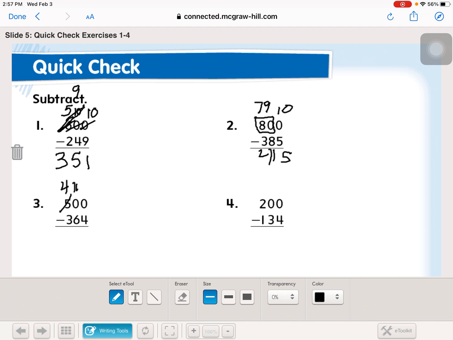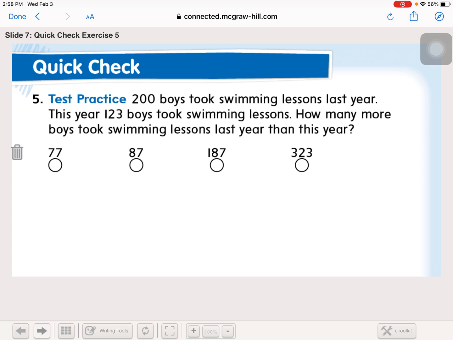So 4, 10, cross it out, 9, 10. 10 minus 4 is 6. 9 minus 6 is 3. 4 minus 3 is 1. And again, I'll box these in. 1 less than 20 is 19, which will give you the correct numbers up there. 10 minus 4 is 6. 9 minus 3 is 6. 1 minus 1 is 0. So this one is just 66.